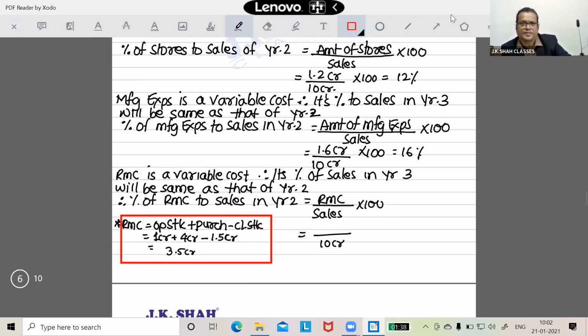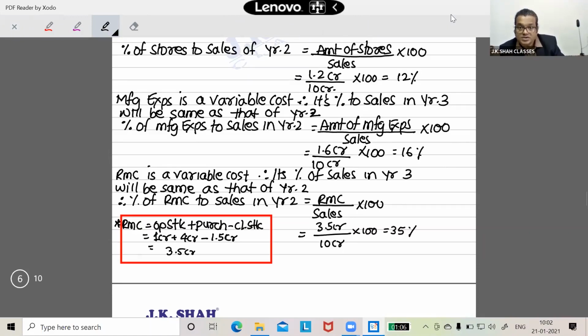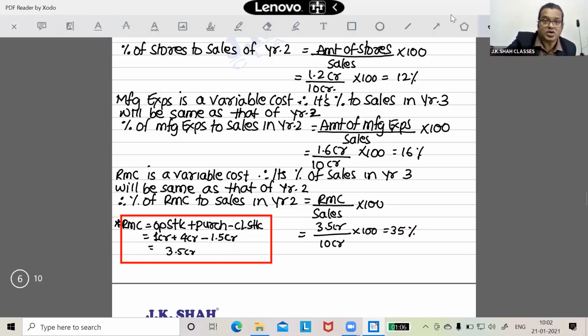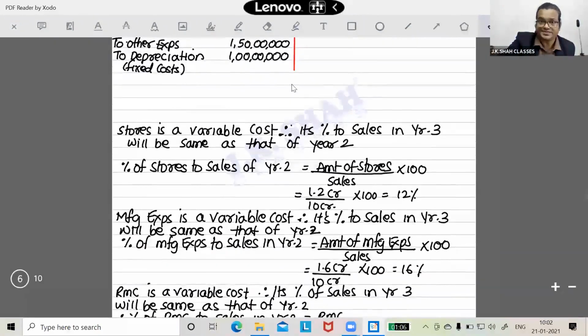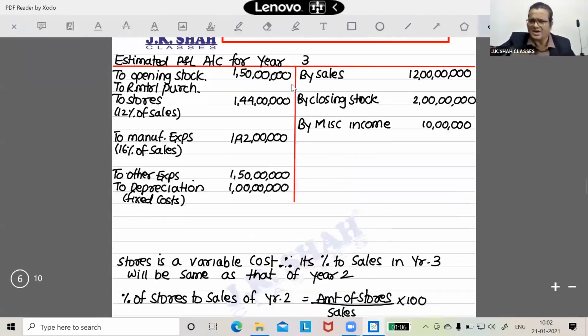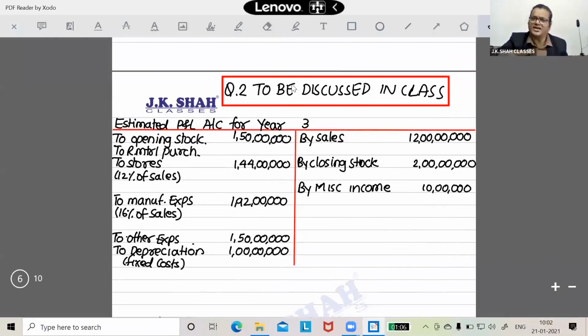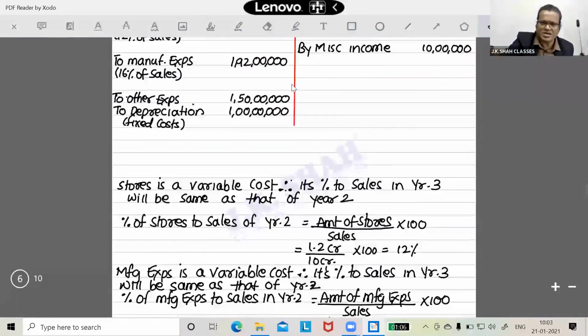So that makes how much? 35%. So guys, listen, I have already written opening stock and closing stock of year 3. Students come asking me, sir, you could have removed that and directly written raw material consumed. Absolutely fine. Just that in year 1 and 2, they have written opening and closing stocks, so I have written that. Anyways, now we can calculate raw material consumed for year 3.